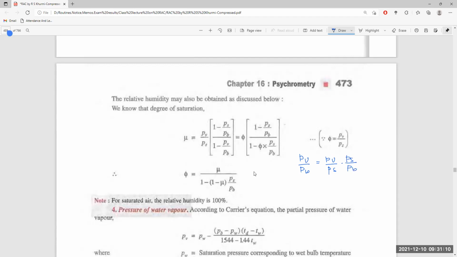If we put it here, it will take this particular form, and that is 1 minus mu divided by 1 minus mu Ps by Pv.